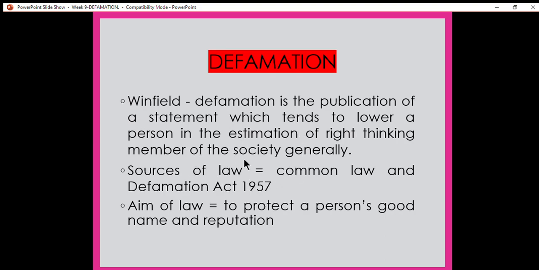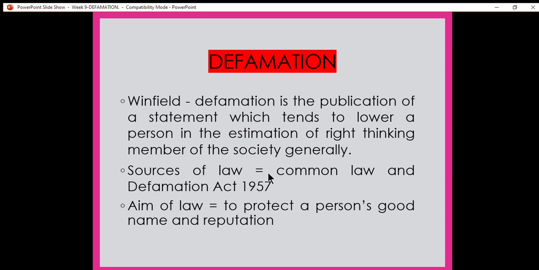The source of law for defamation in Malaysia is governed by common law. Common law is where we refer to the common law cases, and our principal legislation that governs defamation is the Defamation Act 1957. But please take note that this statute only governs civil claims.